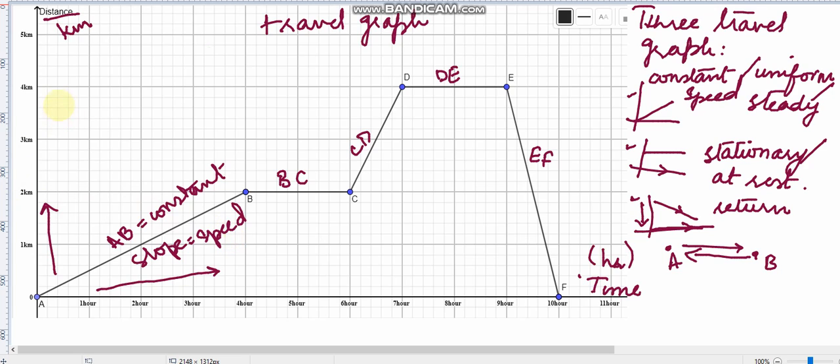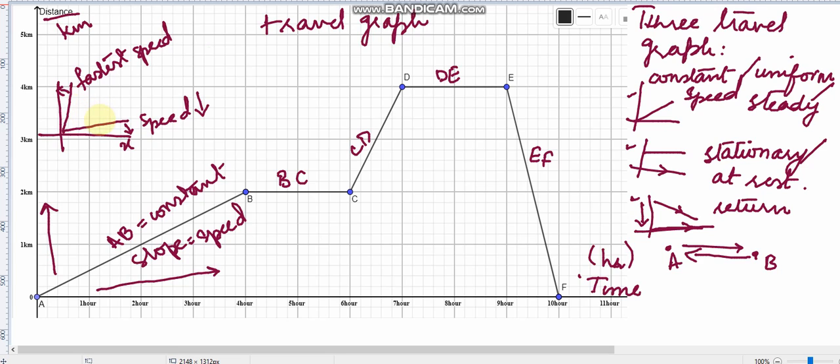Now I want to give you one more point to remember: if a line is closer to the x-axis, it means that the speed is less. The speed is slow, but if a line is near to the y-axis, it means that it is the fastest speed.